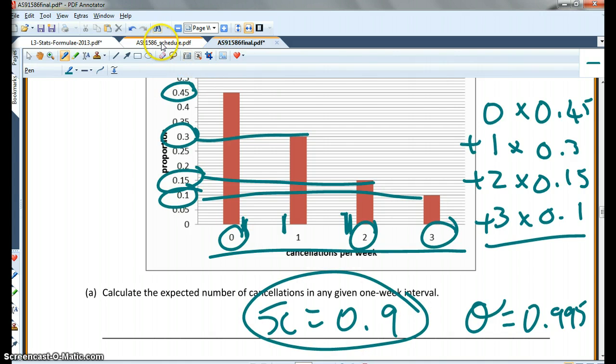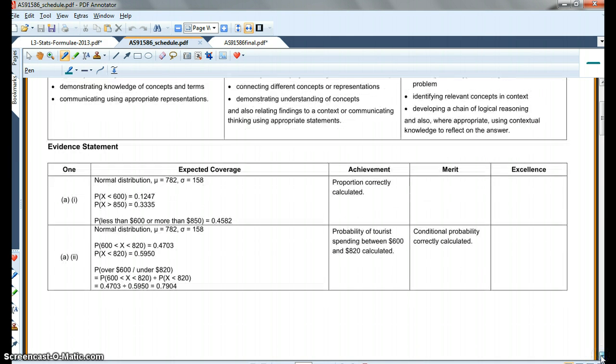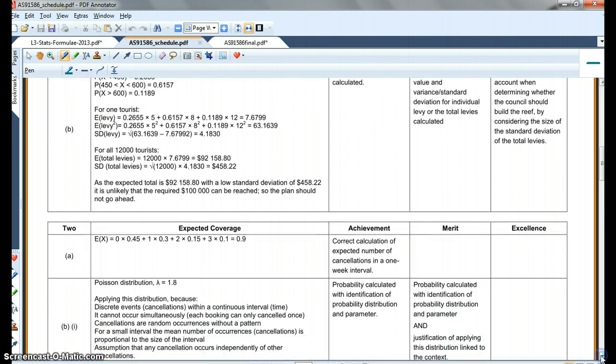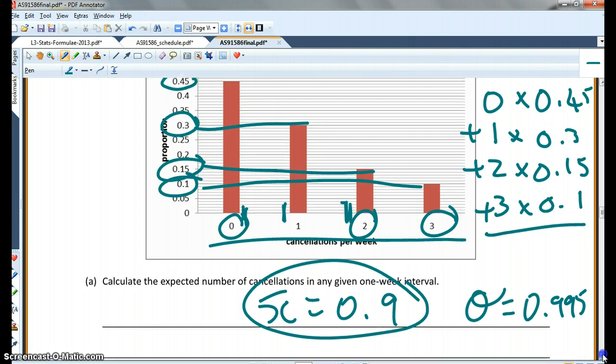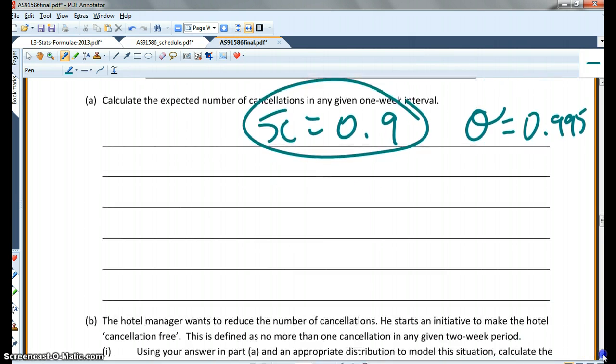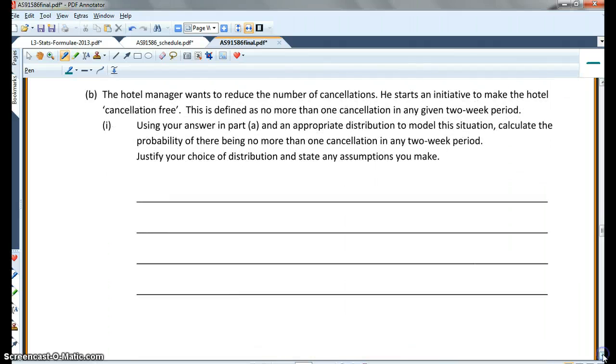So let's look at our schedule for that question, question 2. We have got the mean of 0.9. Okay? So that's cool. Now, next one. We didn't need the standard deviation, but sometimes you are asked. The hotel manager wants to reduce the number of cancellations. He starts an initiative to make the hotel cancellation free.